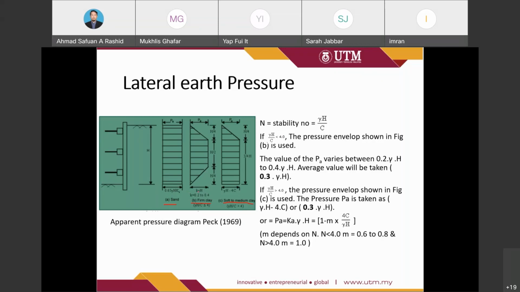For the firm clay, K times unit weight times H, where the coefficient K is 0.2 to 0.4. And the last one, for the soft to medium clay, the maximum value of PA is unit weight times H minus 4C, where C is the cohesion value.